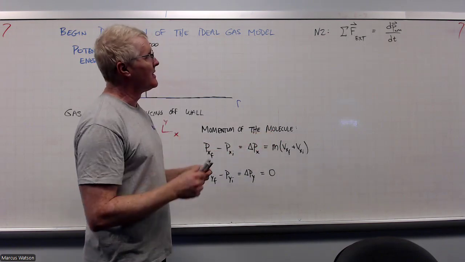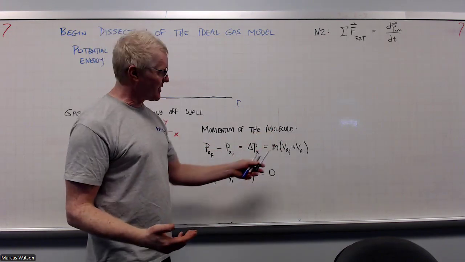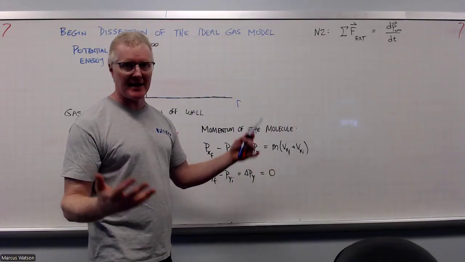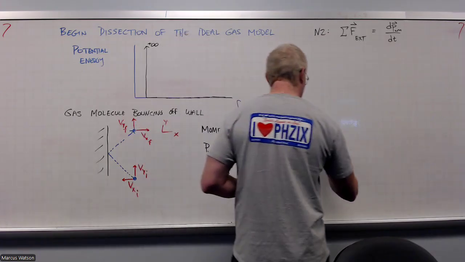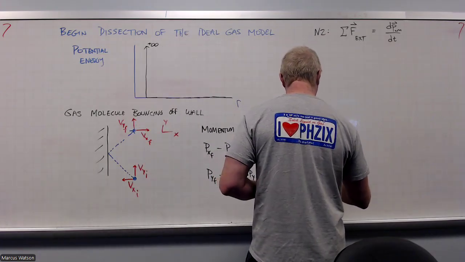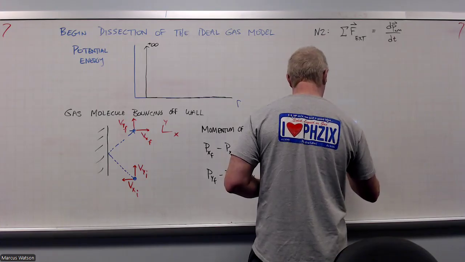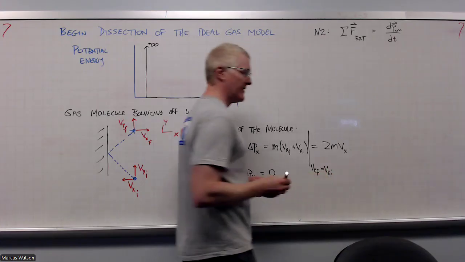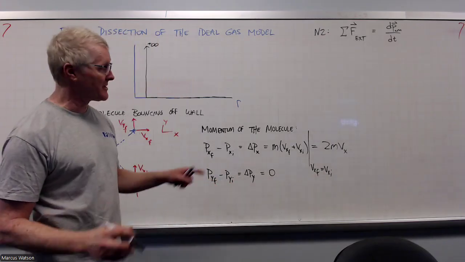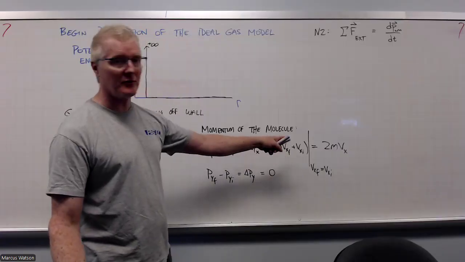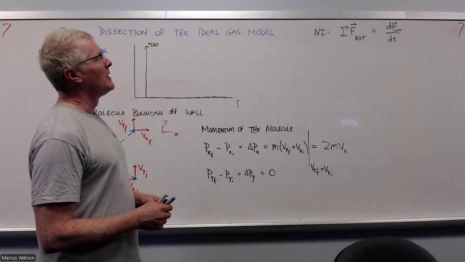Let's assume that it's elastic so that the speed is preserved, and I can just refer to this as Vx. So we'll evaluate this with Vx final equaling Vx initial, and therefore the total change in momentum can be written as two of these, instead of one plus the other.